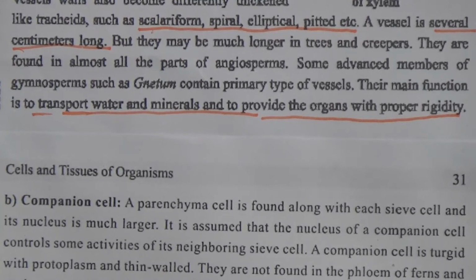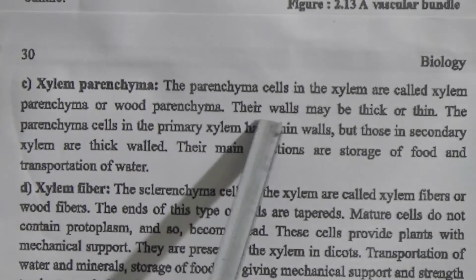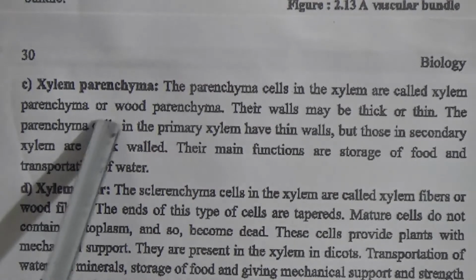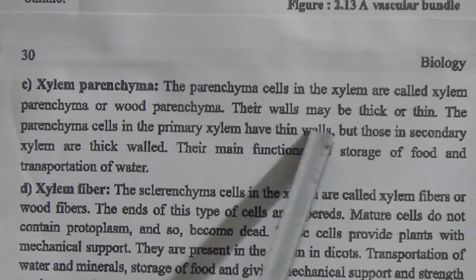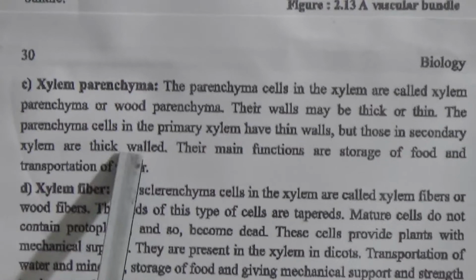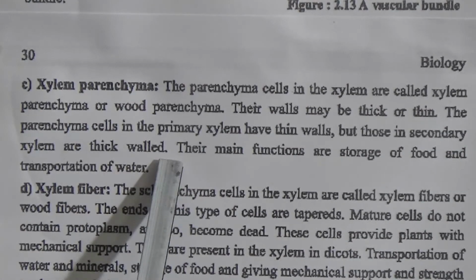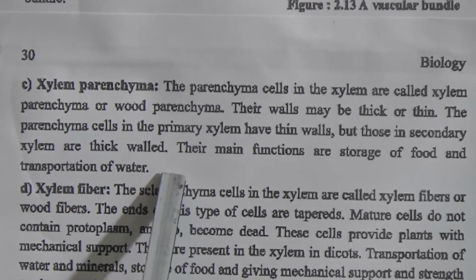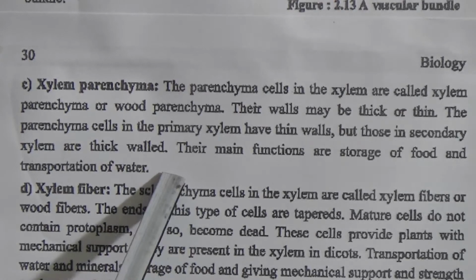Now come to the xylem parenchyma. The parenchyma cells in the xylem are called xylem parenchyma or wood parenchyma. Their walls may be thick or thin. The parenchyma cells in the primary xylem have thin walls, but those in secondary xylem are thick walled.